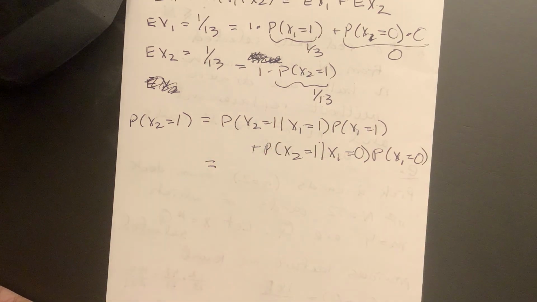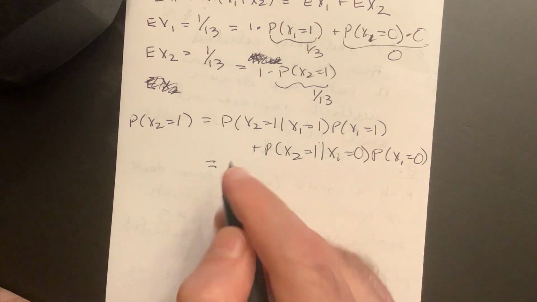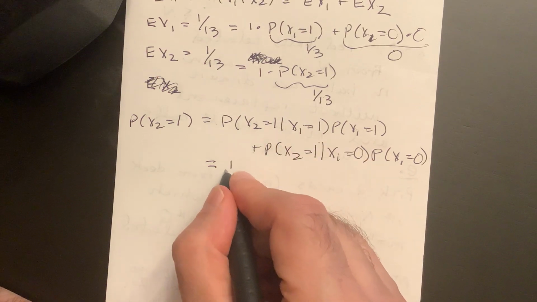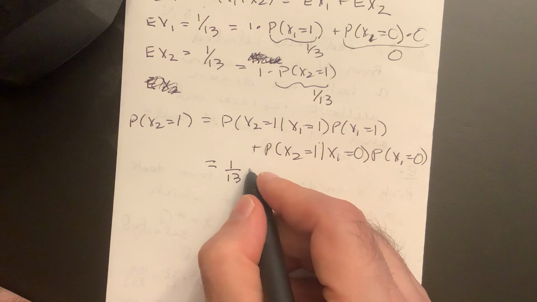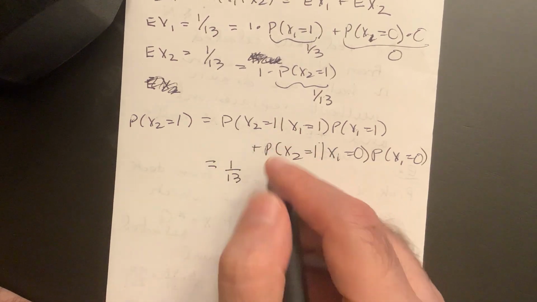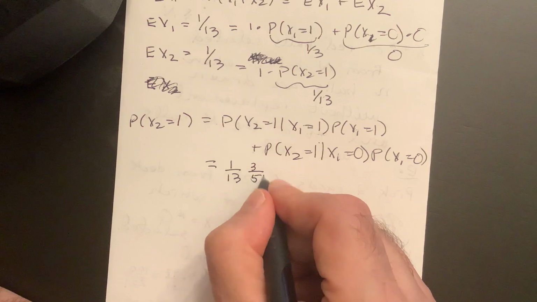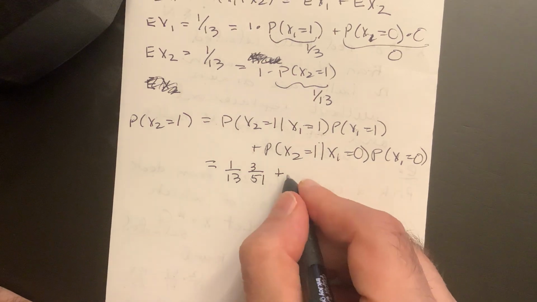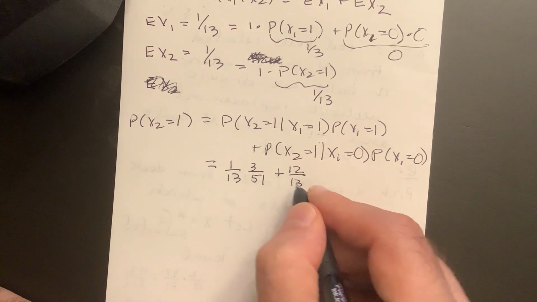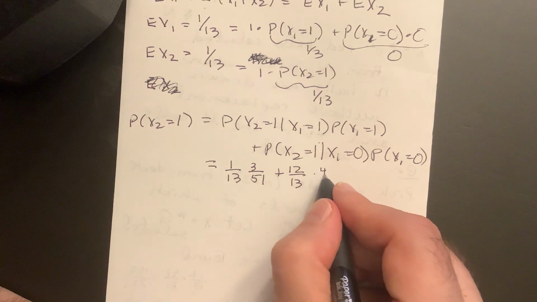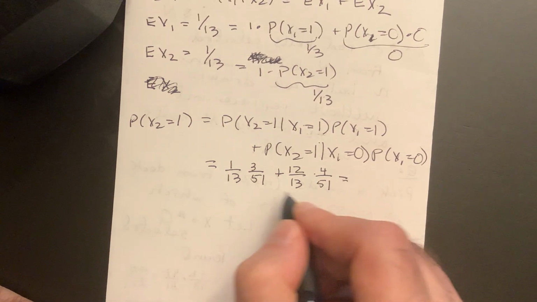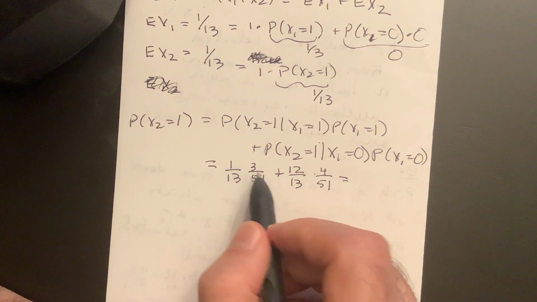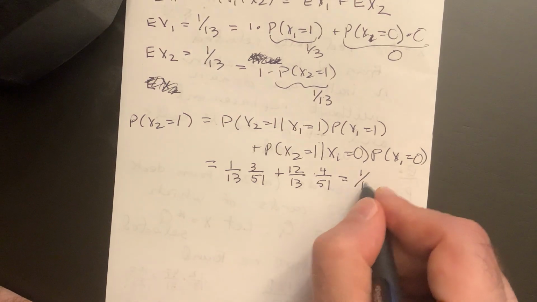So this probability here, I can do this out. Probability x1 is 1, that I did pick a queen there, is 1 out of 13. Probability I pick a queen again would be 3 out of 51. Plus the probability I did not pick a queen, 12 out of 13, and the probability I now pick one, given I didn't, would be 4 out of 51. So if I do this, what do I get? 48 and 3 is 51, so I get 1 out of 13.